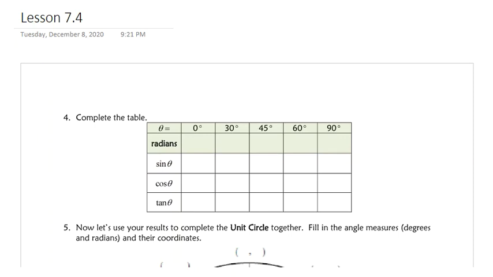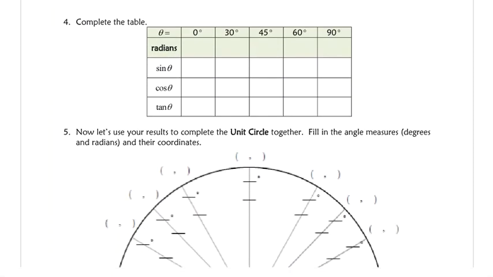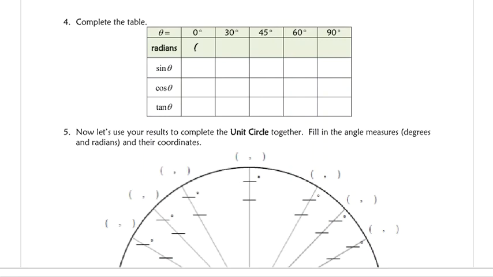Going to look at lesson 7.4, which is evaluating unit circle values by a variety of strategies. The first thing I want to do though is look at one of the pages from the investigation you did. So we have 0, 30, 45, 60, and 90. And in radians, it's going to look like this.